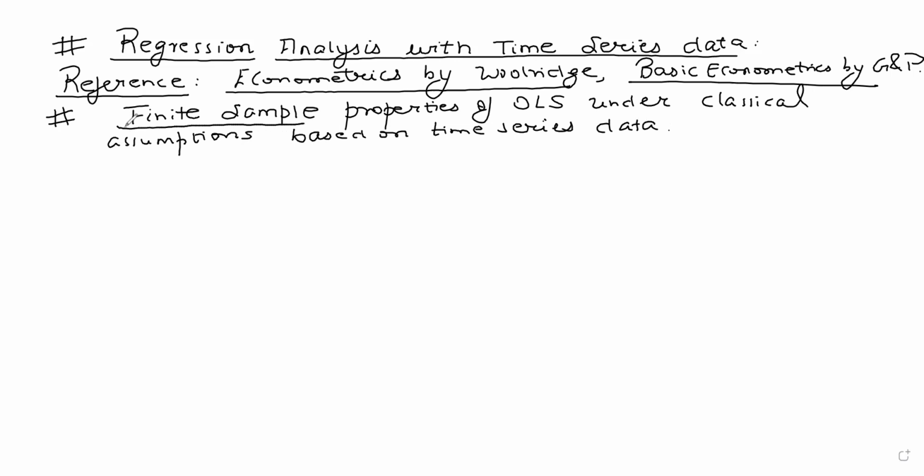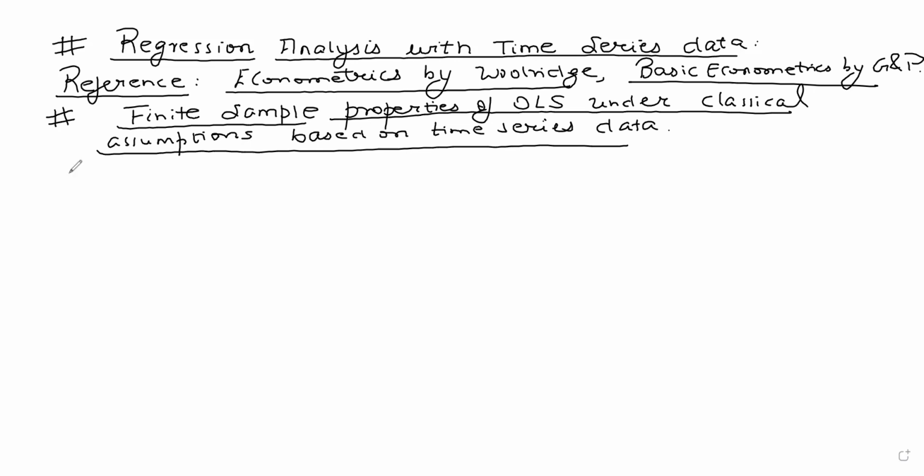Okay, so let's look at time series assumption 1. So before that, I can write assumption TS1, assumption time series 1. I'm exactly following the Wooldridge book for this topic.